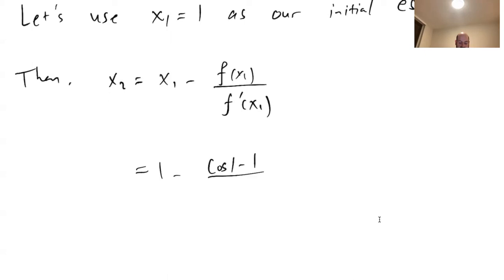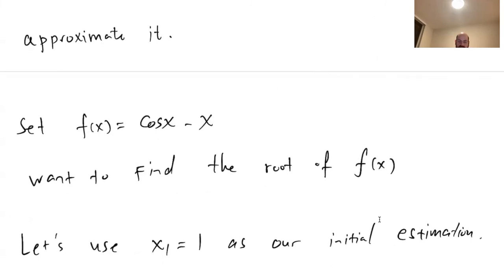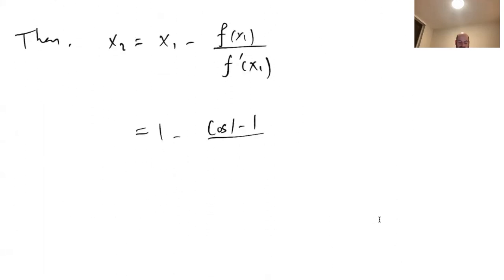What is f prime of x1? f of x is cos x minus x, so f prime of x is minus sine x minus 1. So minus sine 1 minus 1. You can see that this value is almost equal to 0.750363868.